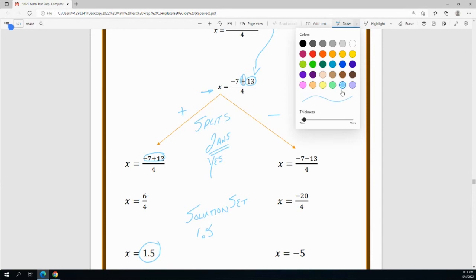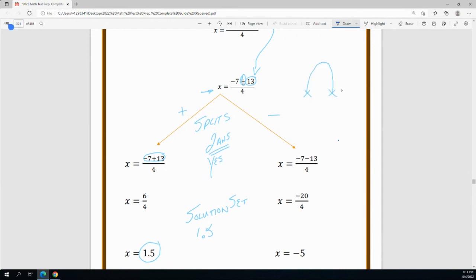On the other side, I'll change colors. I'm going to do negative 7 minus 13. Well, that is negative 20. And negative 20 divided by 4 is negative 5. So my solution set consists of two answers. Notice it says the word set, two of them. One of them is 1.5, and the other is negative 5.